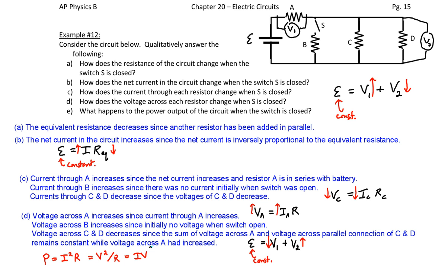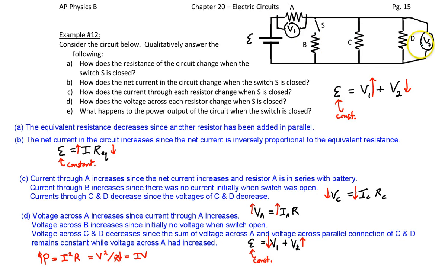So, looking at the entire circuit, we know that the total resistance R has decreased, yet the voltage of the battery stays the same, the EMF. And so as R has decreased, this has caused the total power to go up. So the whole circuit will get brighter if you add another circuit element into here. That should make sense. You're adding another device into it, so you're using more power.